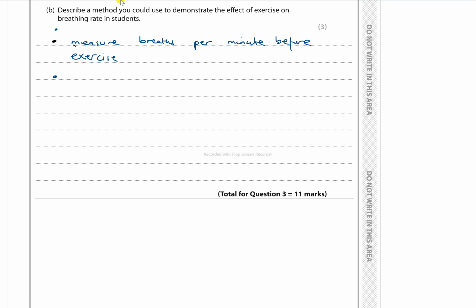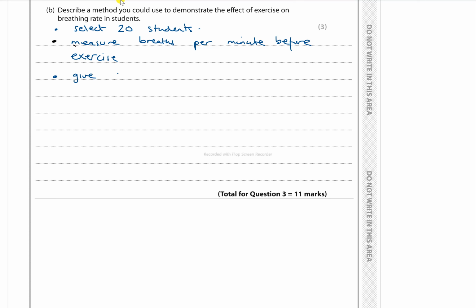First of all, select 20 students, so you've got more than one and you can remove anomalies. Measure the breaths per minute before exercise.